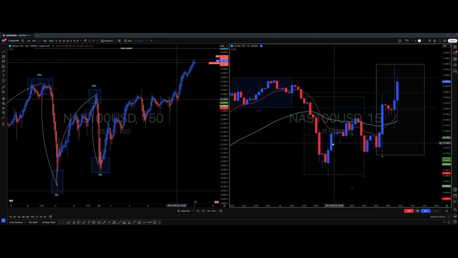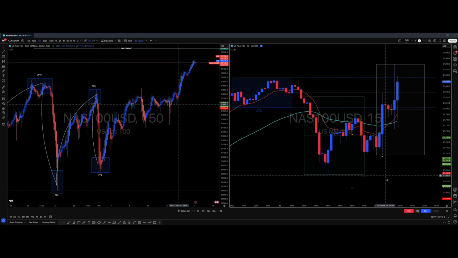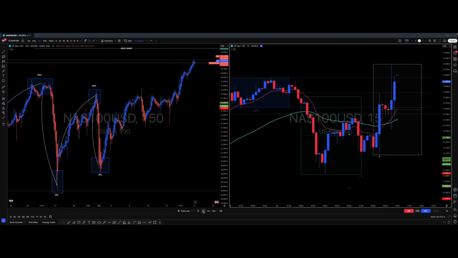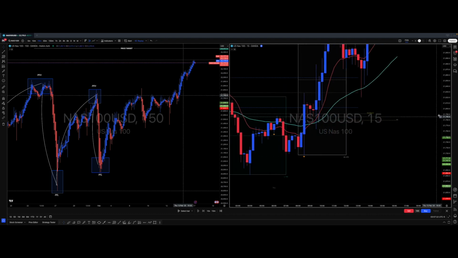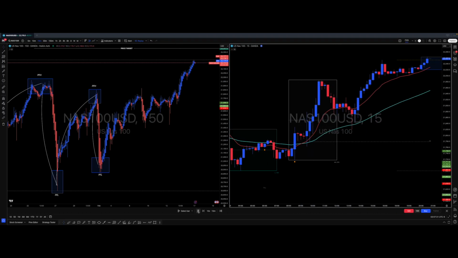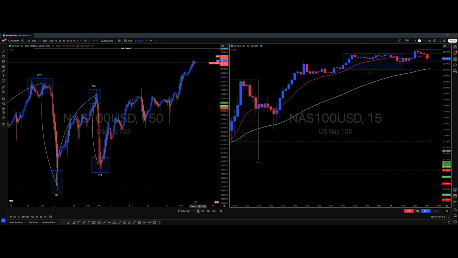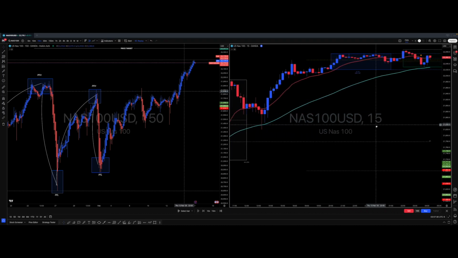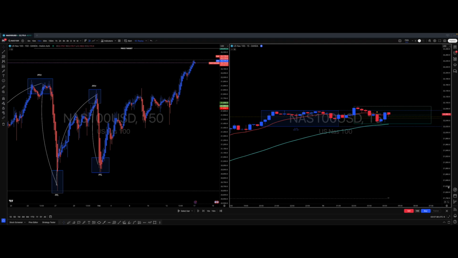So not knowing for sure if this is going to work out in your favor or not, it would not be a good idea to take this as a trade setup. Even in the New York session, there's nothing here that I would take. So for me, it's not worth the risk. And you could see a very beautiful move that went up quite a ways, even after, which is fine. But for the type of trades that I'm looking for, it's just not in my trading plan.